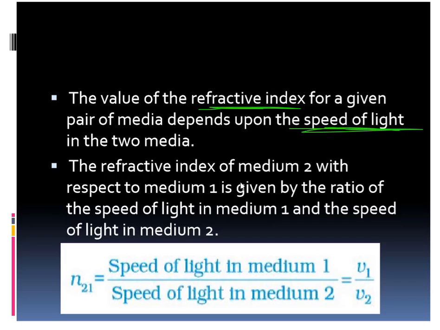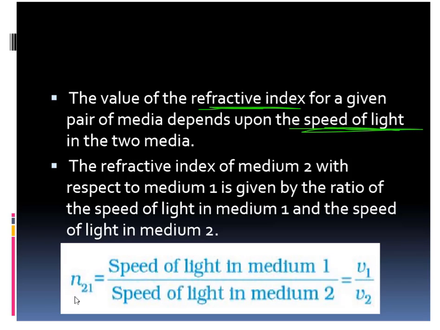As I told you, if it is written medium 2 with respect to medium 1, that means light is moving from medium 1 to medium 2, and it is given by the ratio of speed of light in medium 1 and speed of light in medium 2. So as we saw, the refractive index can be written as sine of angle I divided by sine of angle R. It can also be written as the speed of light in medium 1 divided by the speed of light in medium 2.